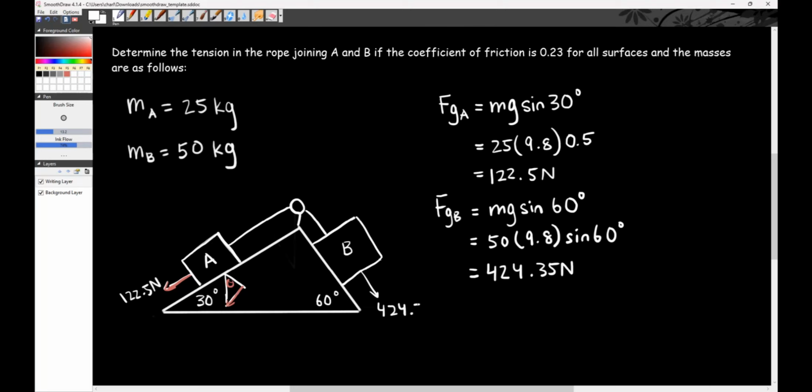Okay, so which force is larger? Well, 122.5 versus 424.35. The 424.35 is much larger. And this means that everything is going to accelerate in this direction.